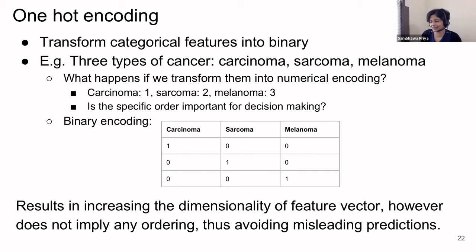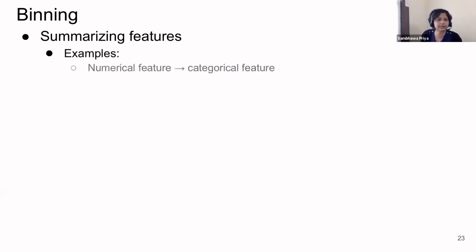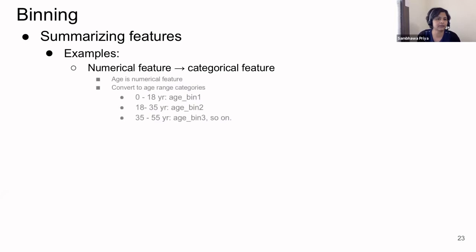And next is binning. This is basically where you want to summarize features, sometimes where you don't care about the exact value. For example, you could convert a numerical feature into a categorical feature. Age, which is a numerical feature, you can convert into age range categories. For example, 0 to 18 years is age bin 1, 18 to 35 years is age bin 2, and so on.